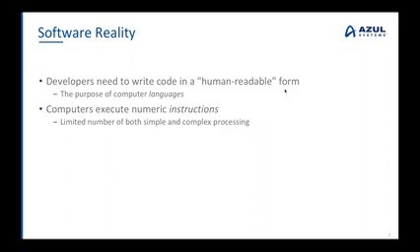The other side of this is that the computer itself, the physical hardware, executes instructions. And instructions are simply numeric values that we pass to the CPU that represent a particular operation that we want to happen inside the CPU. Now, that could be something fairly simple, such as loading a register. It could be something more complex, like doing a vector operation on a number of distinct pieces of data, multiplication, something like that.